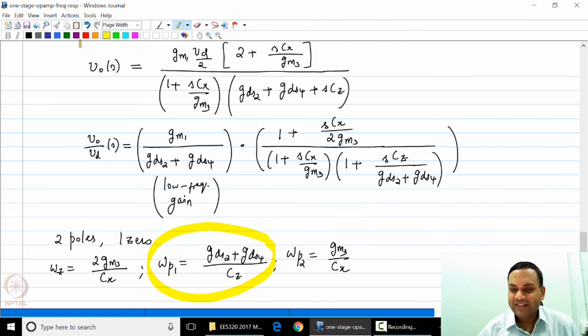Now you can see that that dominant pole depends on the output conductance. GDS2 plus GDS4 is the overall output conductance of the system over the total capacitance at Z, which is the sum of the device capacitance and the load capacitance.